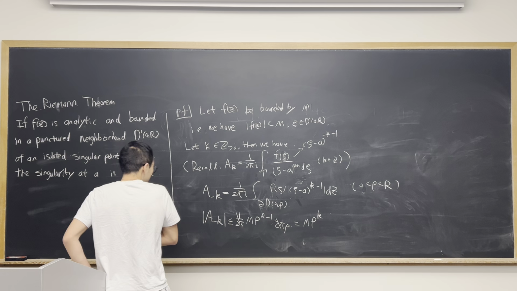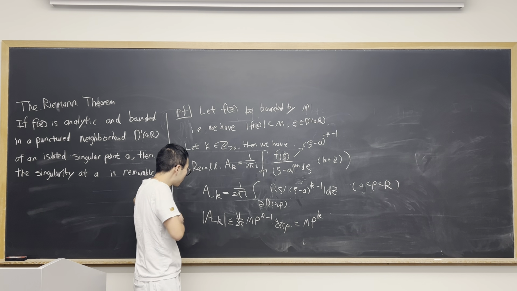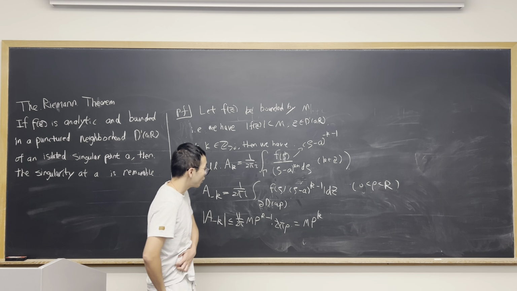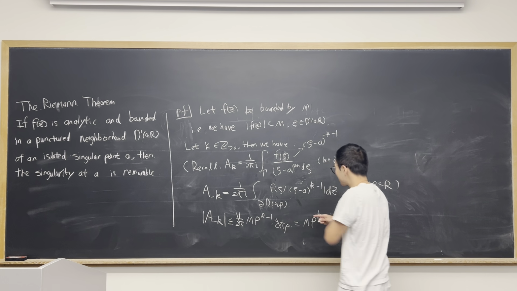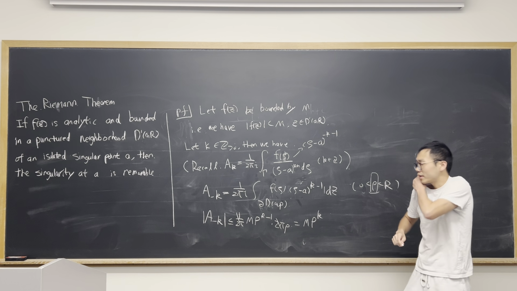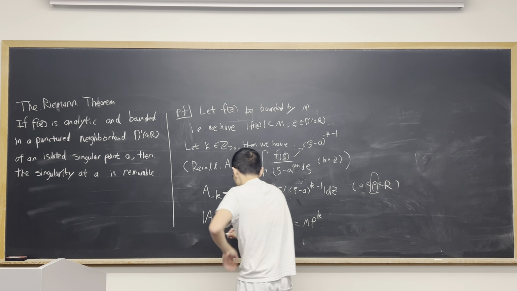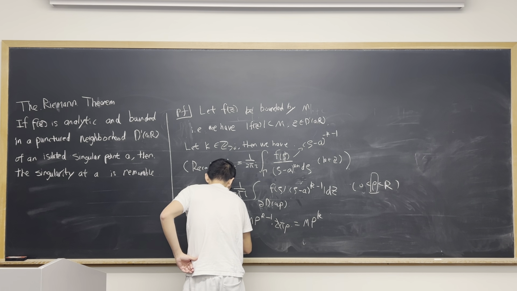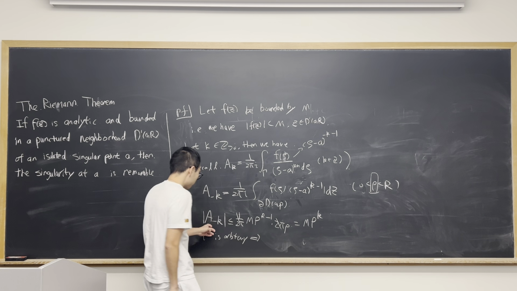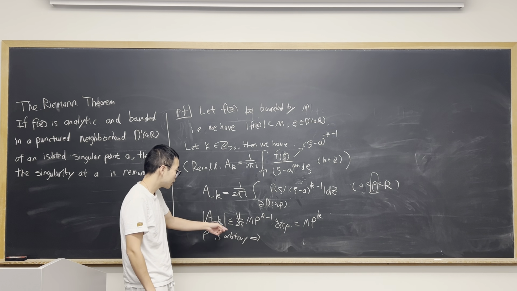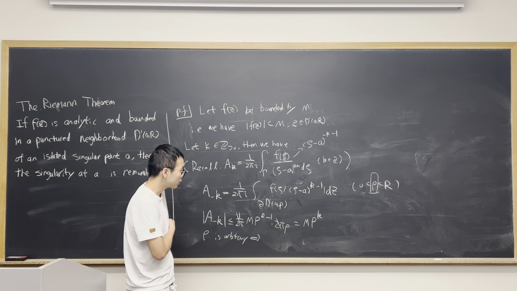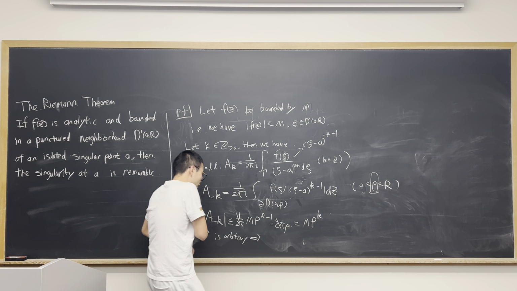Okay, so for any k it's true, right? Because this rho is arbitrary, it is satisfied for any rho between 0 and r. So this implies that because this number is non-negative, and it's less than or equal to M times rho to the kth power for whatever rho, in this case it must be equal to 0.